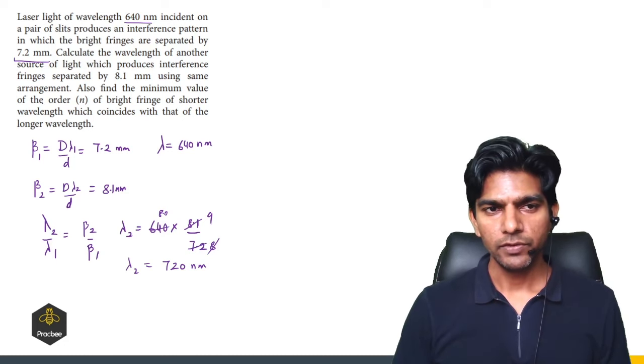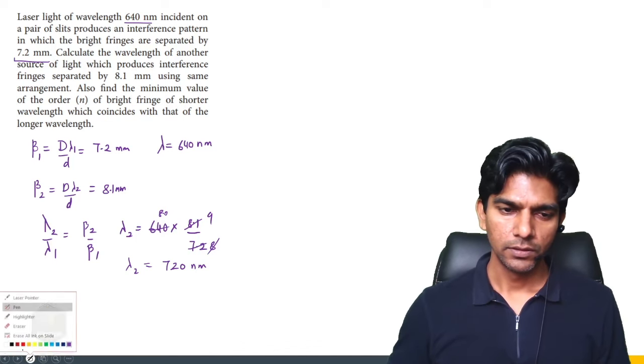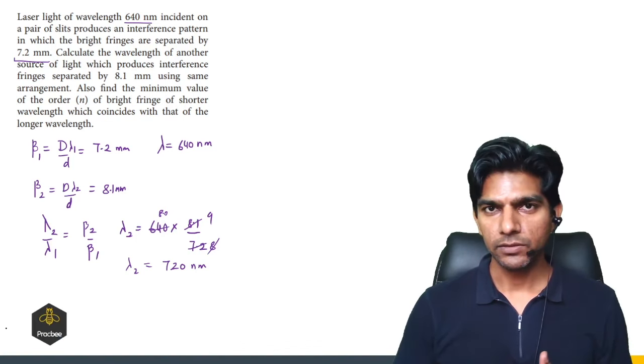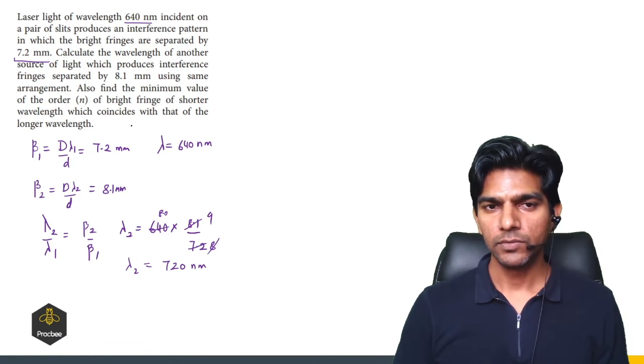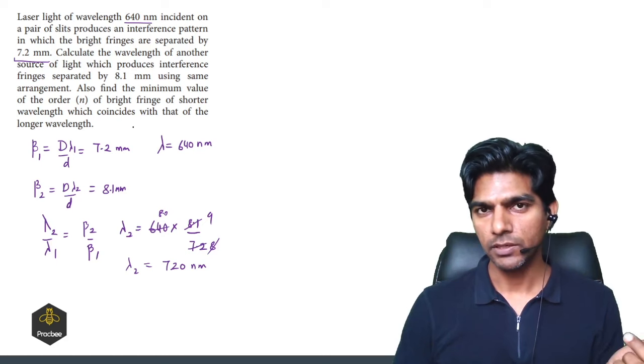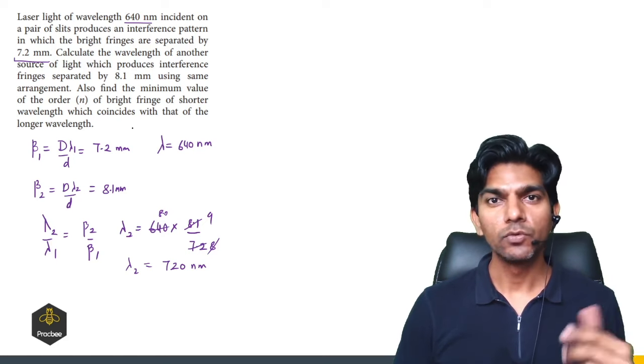Also find the minimum value of order n of the bright fringes of shorter wavelength which coincide with that of the longer wavelength. So if we use both the lights on the same setup, we have to locate the distance of the closest maxima where their maxima are coinciding with each other.